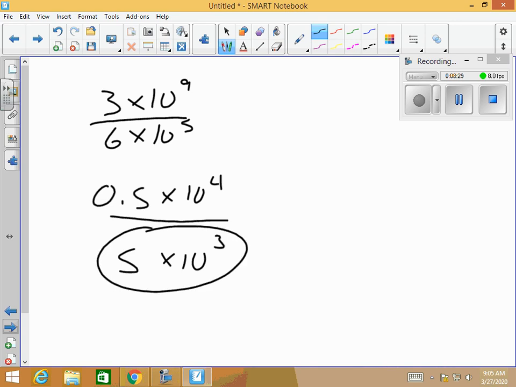So 5 times 10 to the 3rd. And that's kind of a tricky one. Here again, if you have to see it and you're just not quite understanding what's going on, change that back into standard notation, change it back to a true number, and then move your decimal to where it's 5 and then the rest of it.